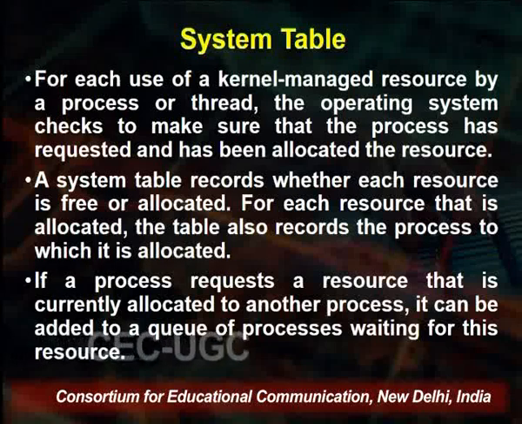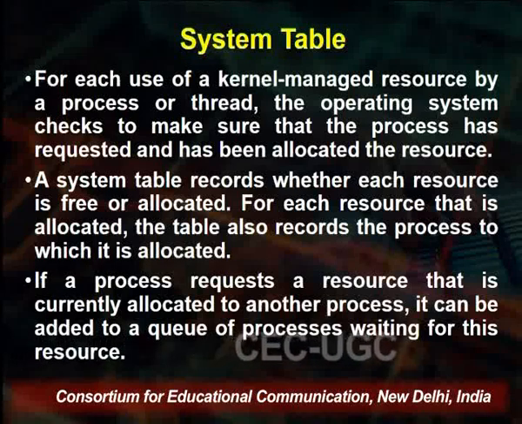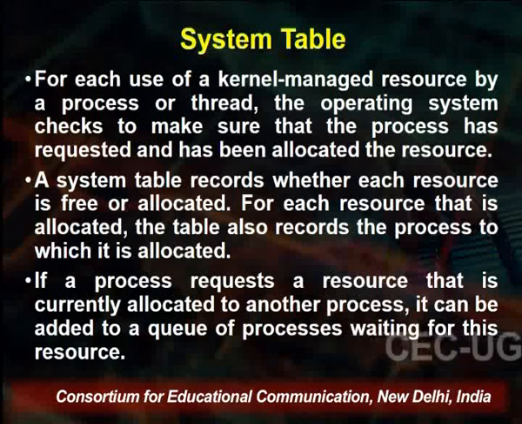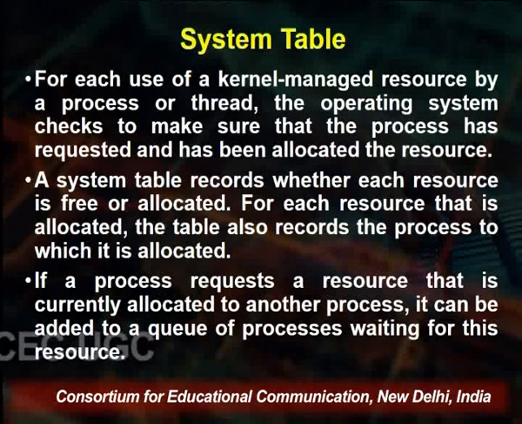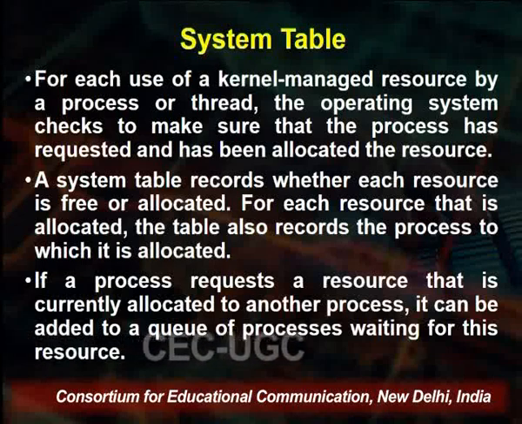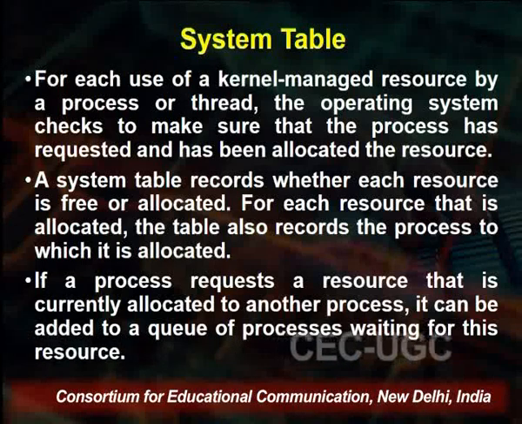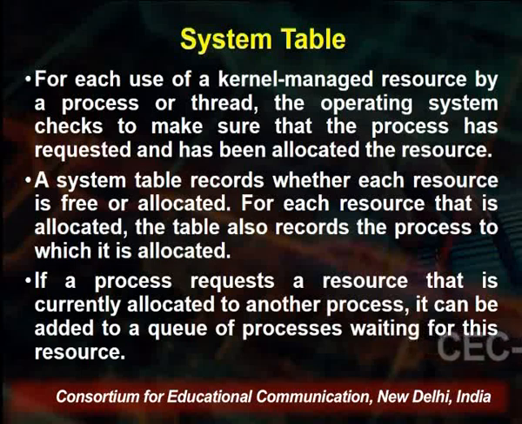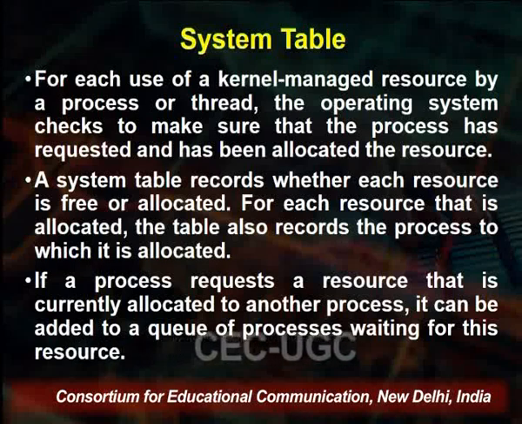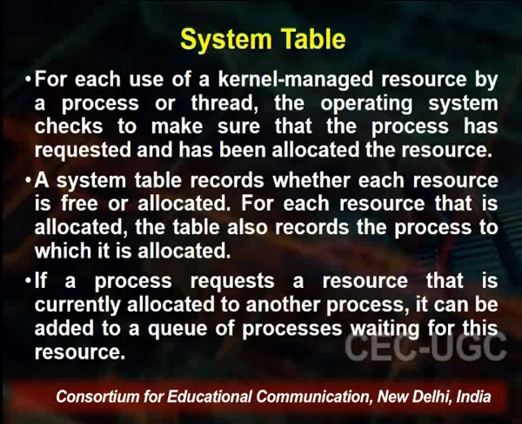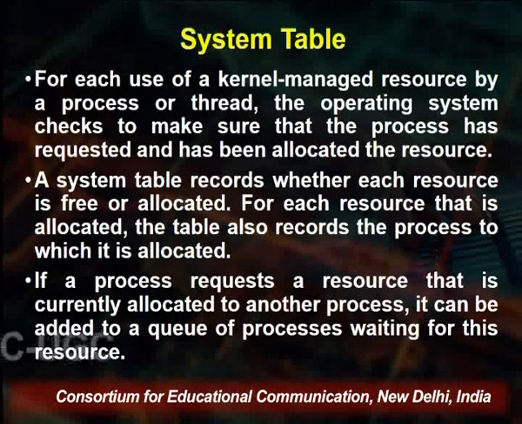Now, a system table is something which will record whether the resource is free or allocated. For each resource that is allocated, the table will also record to which process the resource has been allocated. Whenever a process requests a resource which is currently allocated to another process, it can be added to a queue of processes waiting for this particular resource.